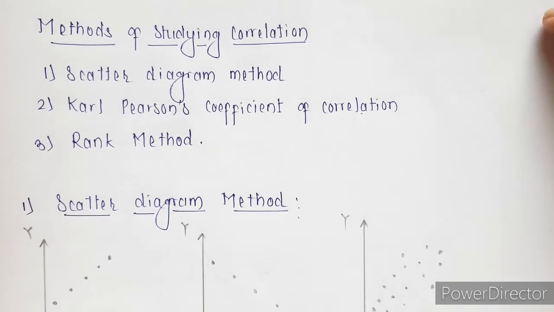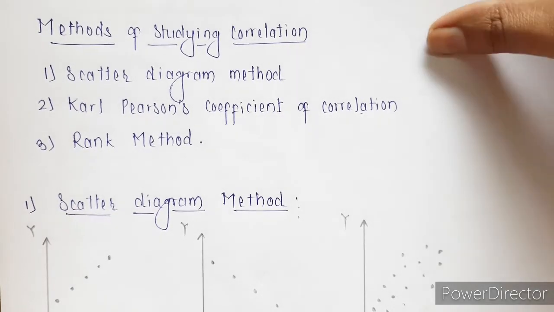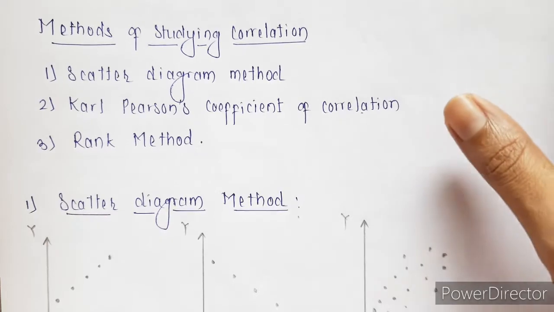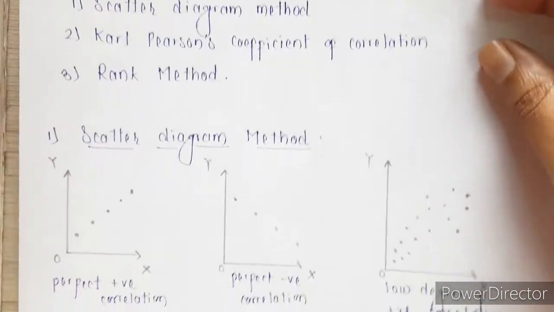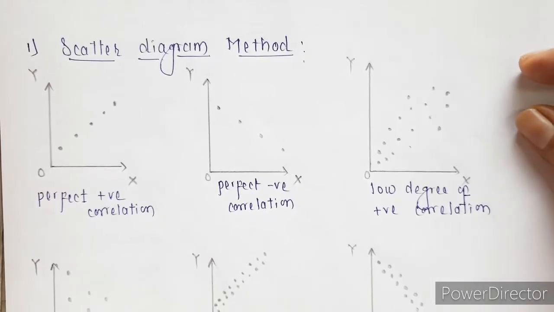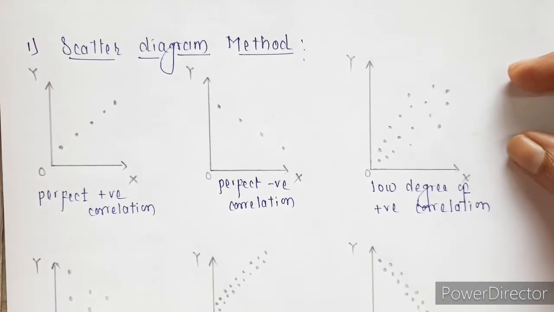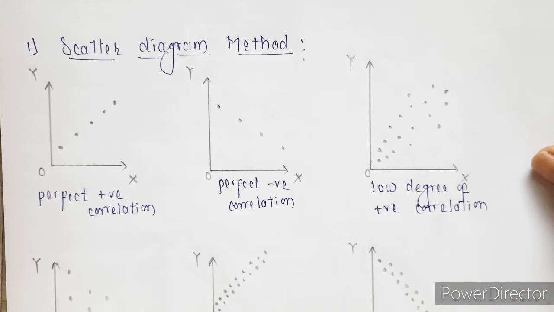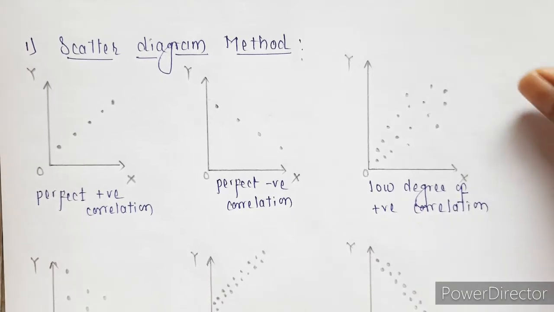Now the first one, the scatter diagram method. This is the simplest and easiest method to compare bivariate data. It is only used for comparing bivariate data, that is, whenever we have only two variables x and y.